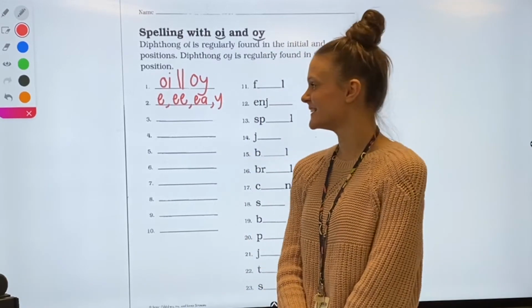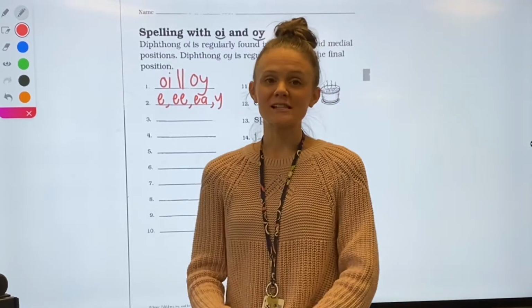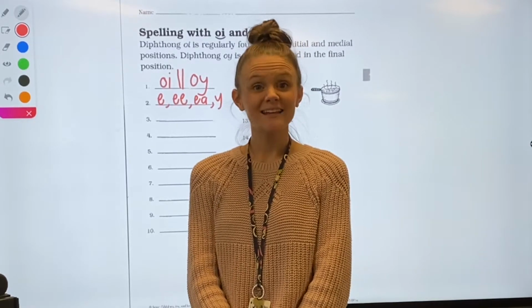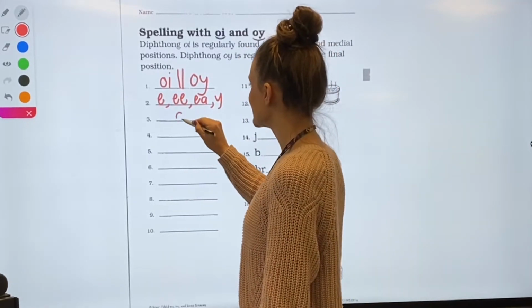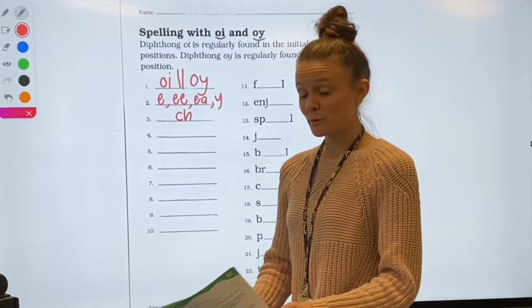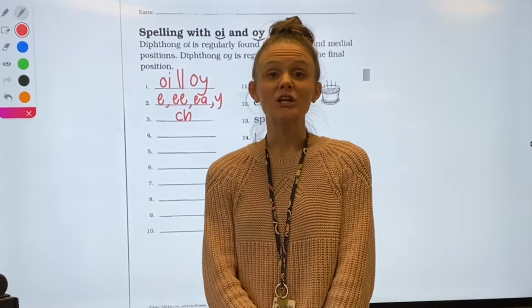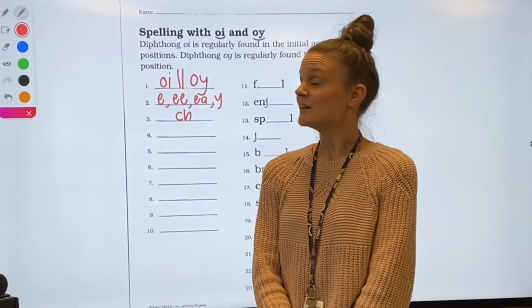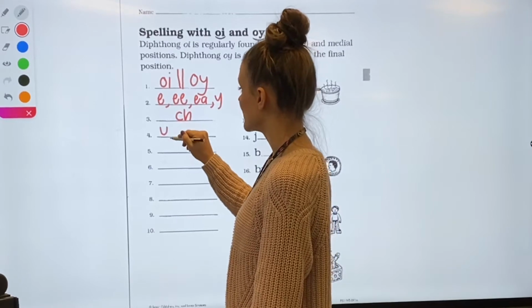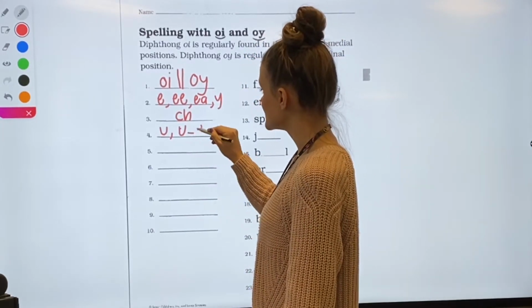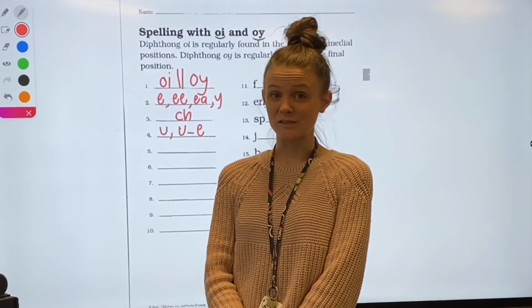Very good. For number 3, my letter sound is ch. Ch. Yes, that's the digraph C-H that makes the ch sound. For number 4, my letter sound is U. U. So we've learned that letter U can make the U sound, and U, consonant, sneaky E can make the U sound.